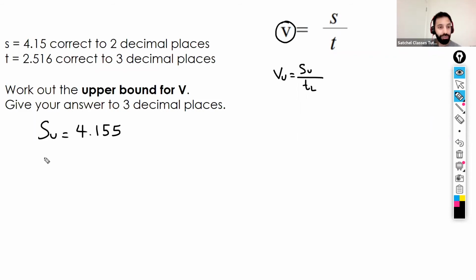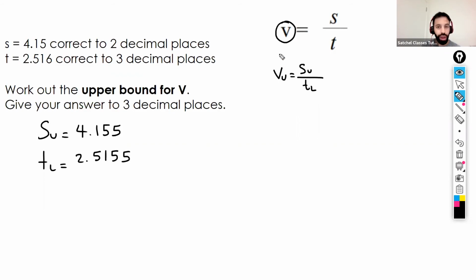And the lower bound for T, so T lower, that's going to be 2.5155 to 3 decimal places. And now that I have the correct values, I just need to substitute that into my formula or equation.